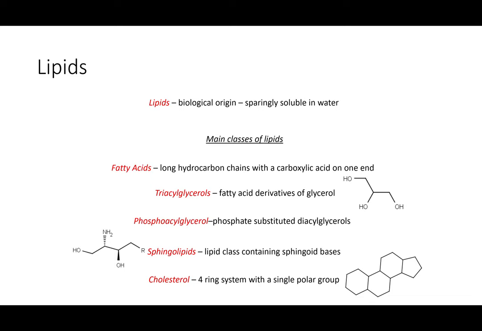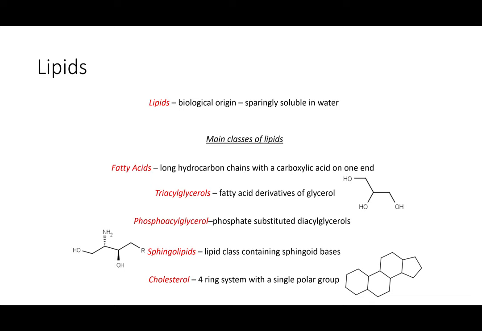Okay. Sphingolipids we won't really focus on. They tend to be really important in things like the myelin sheath, right, that wraps around and protects neurons. They are just long carbon chains, and then instead of having a glycerol head group, one of the alcohols on glycerol is substituted with an amine. So it's really just a substituted monoacyl glycerol.